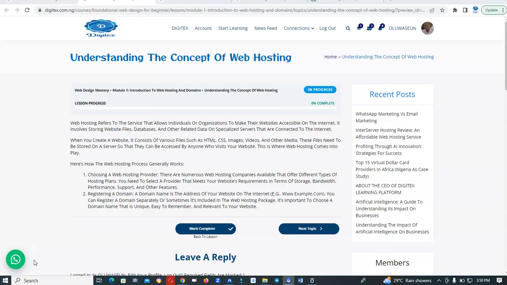And we have web hosting companies, web hosting providers. Like I said earlier, what this web hosting company does is just to provide you a shop where you can store all your website information, so that when people log into your domain, it will just be bringing it out and show them, okay, look at this one, this person is selling, this person is offering this service.